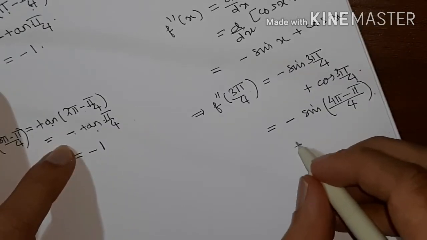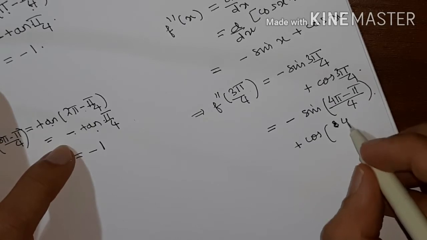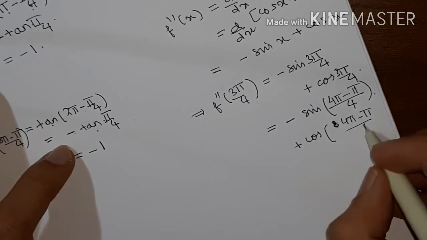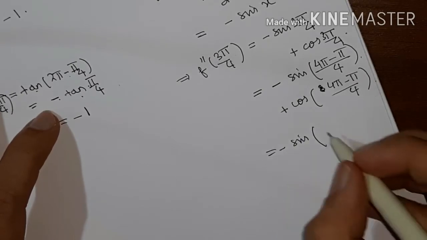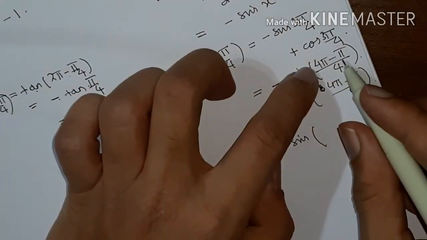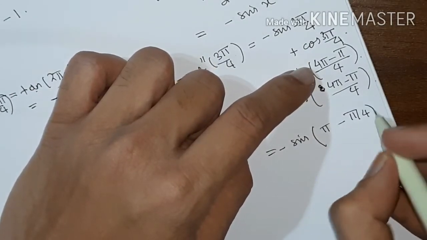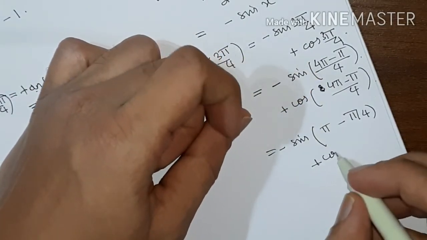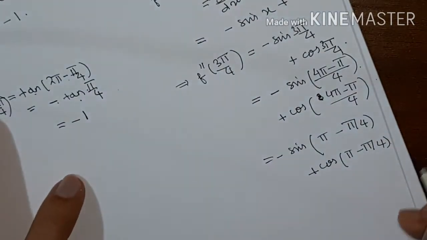And similarly plus cos of 3 pi by 4, again we can write it as 4 pi by 4 minus pi by 4. So which is nothing but minus sine of pi minus pi by 4 plus cos of pi minus pi by 4.